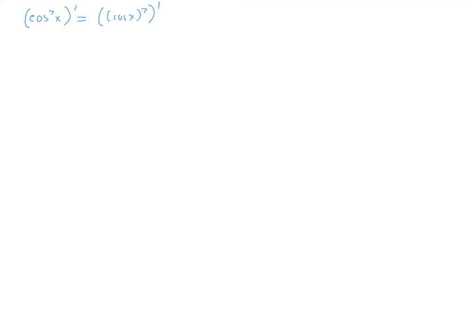So we're looking at the derivative of y to the 7th. What is the derivative of y to the 7th? 7y to the 6th. So we write 7, not y, but rather cosine x to the 6th power. And then we multiply this by the derivative of cosine, which is negative sine x. So this would be 7 cosine to the 6th of x times negative sine x.